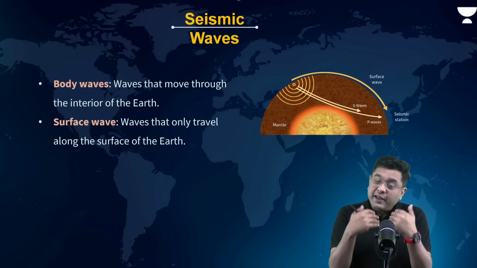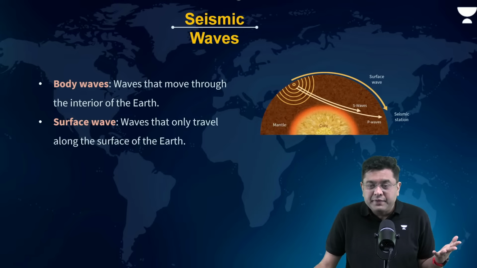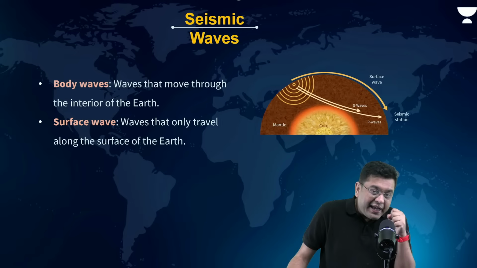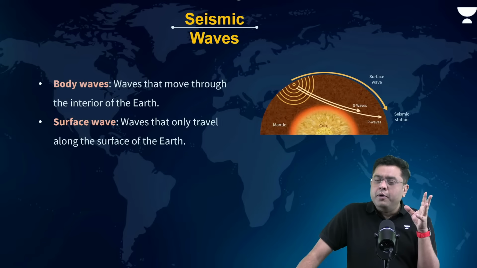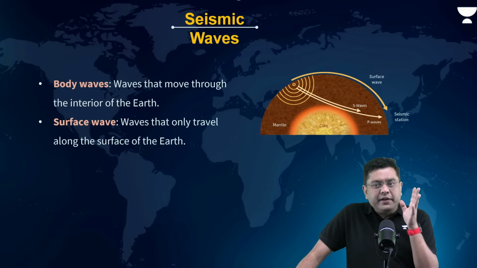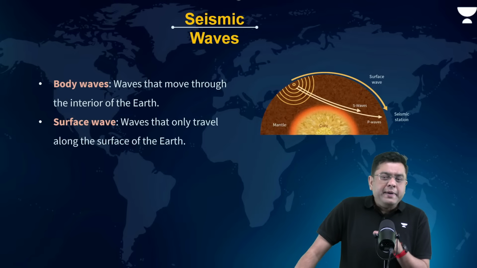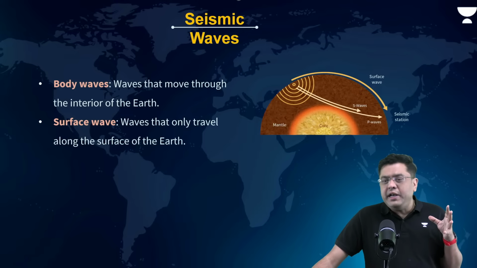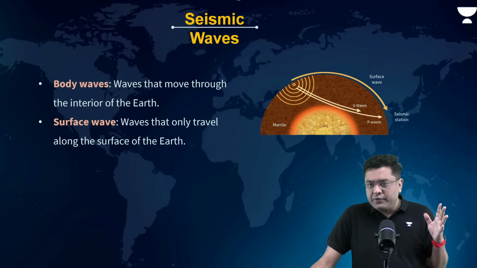Sound is also energy, right? It also travels in the form of waves. So whenever energy is released, it travels in the form of waves, and that is what is known as seismic waves.